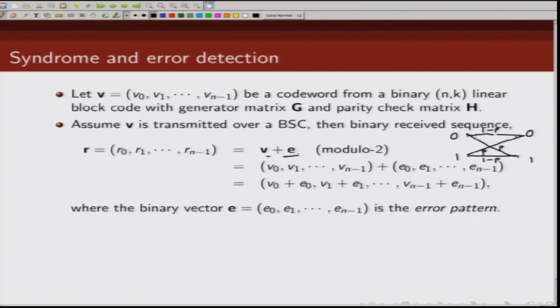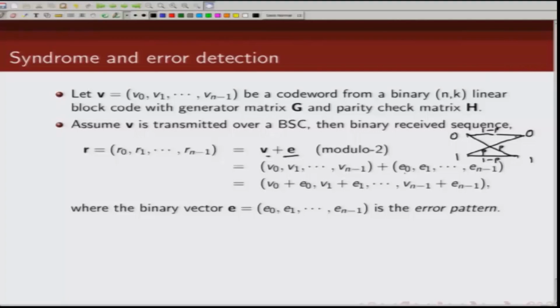Our transmitted code word is an n-bit tuple. Similarly, our error vector is also n bits. We describe our error vector by E0, E1, E2, up to En minus 1, and whenever an Ei term is 1, that means that particular bit was not received correctly.